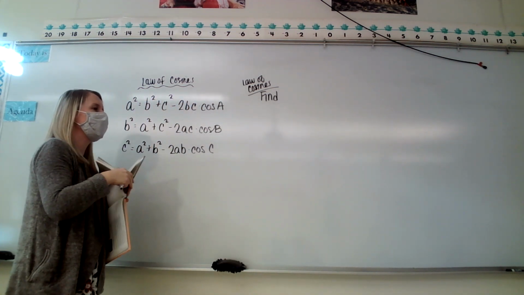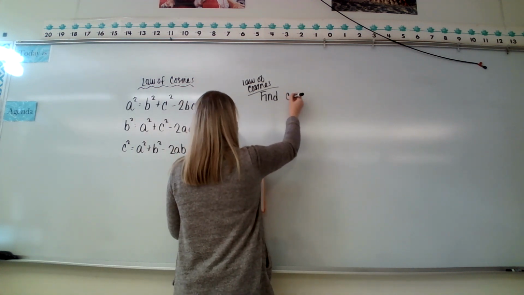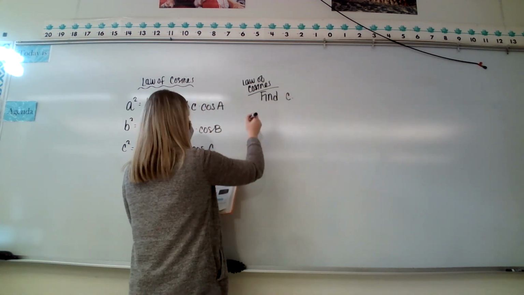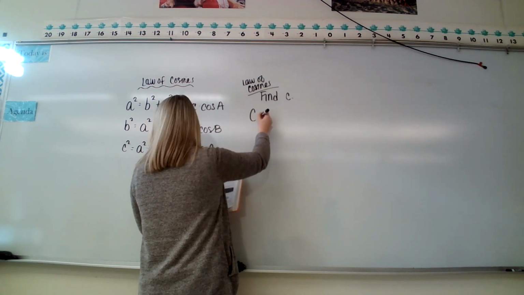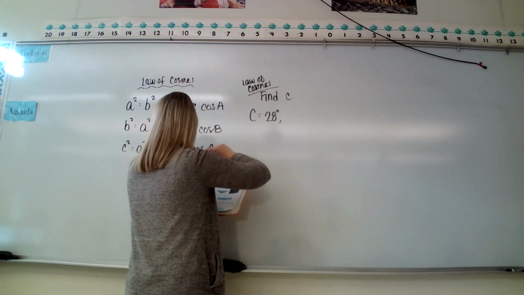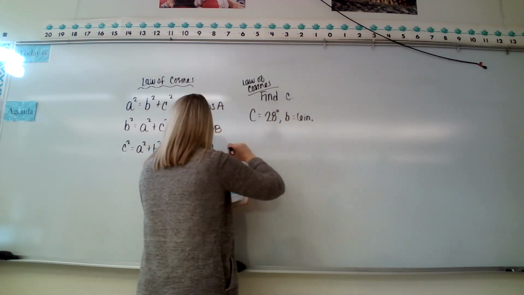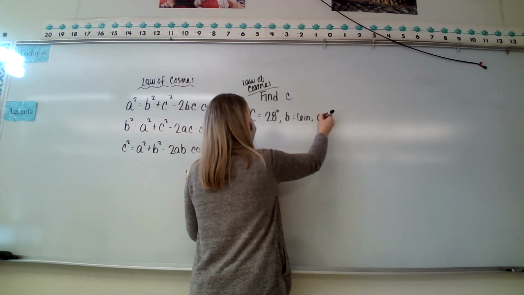Okay, so this one I'm going to say find side C. I'm going to tell you that angle C is 28 degrees. Side B is 6 inches, and side A is 4 inches.